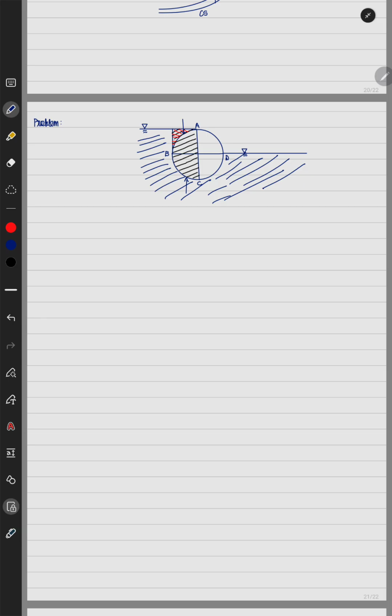The total amount of force which will be acting on AB plus BC, or AC, is given by the weight of, let us say this point is O, weight of liquid in AOBC minus weight of liquid in AOB.